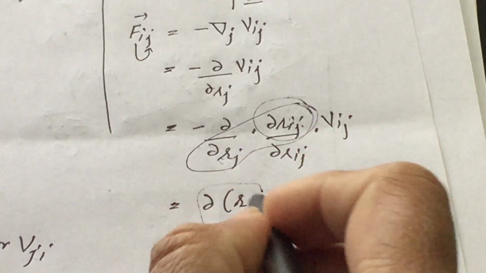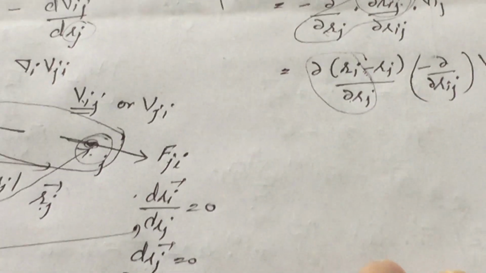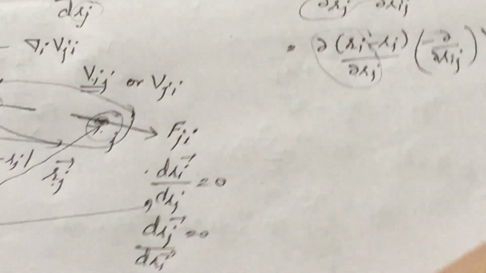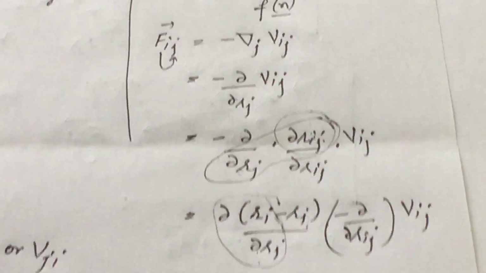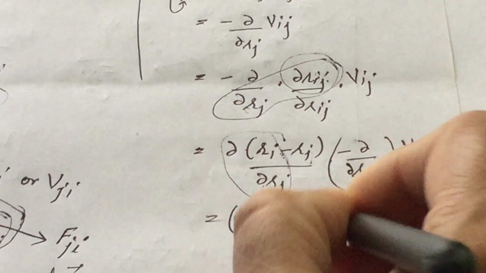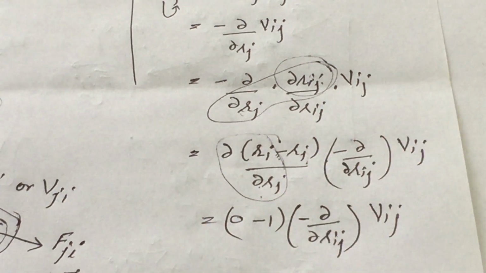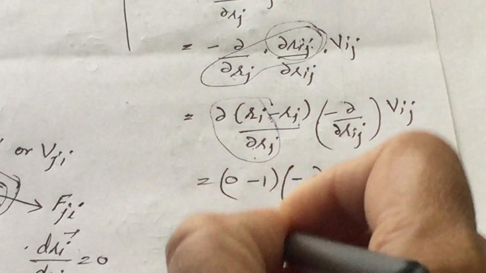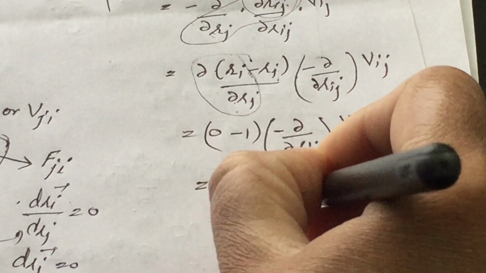According to our assumptions, the ith particle position is independent of the jth particle. Already we have put this term equal to 0, so we can see that this first term is equal to 0. The jth particle changing with the jth particle, the derivative comes out to be 1, and here we have the change with respect to the distance between the ith particle and jth particle.